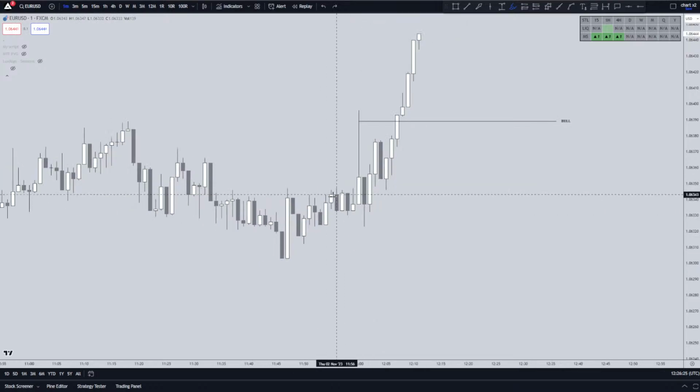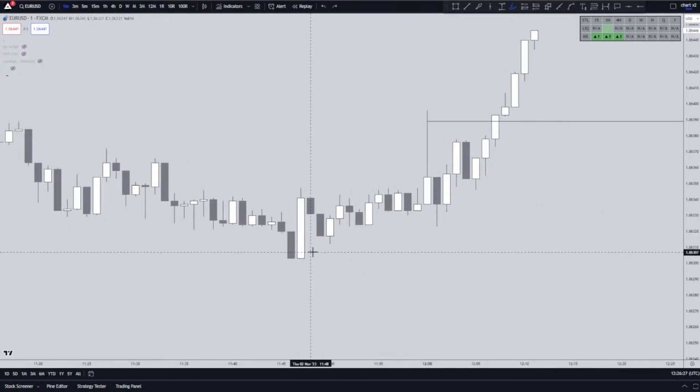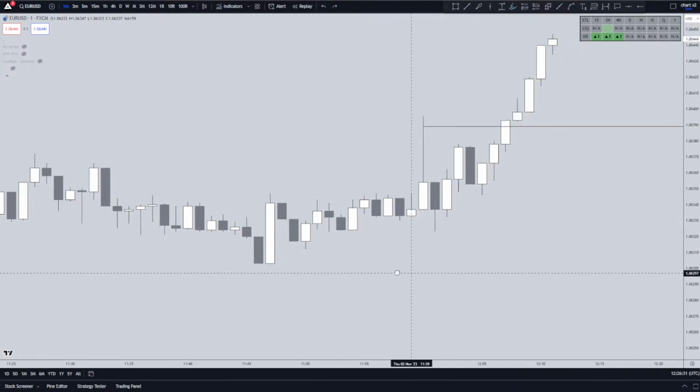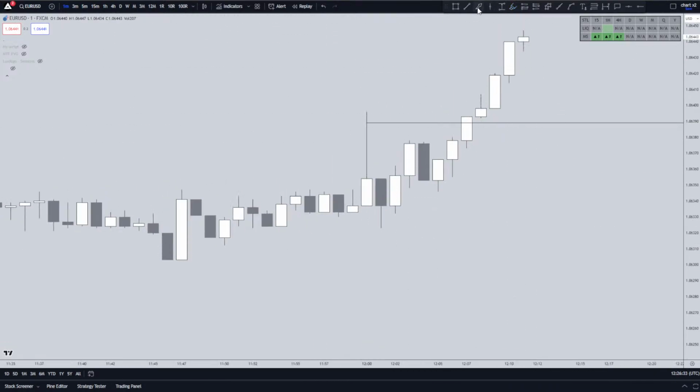So basically, regarding the 2 reference points, if the market has a down bar and we have an up bar, this is the reversal.